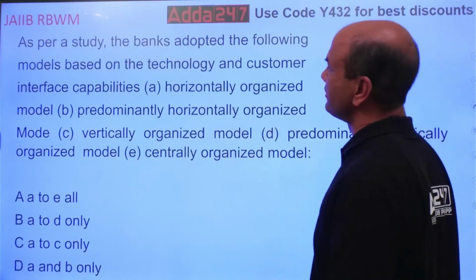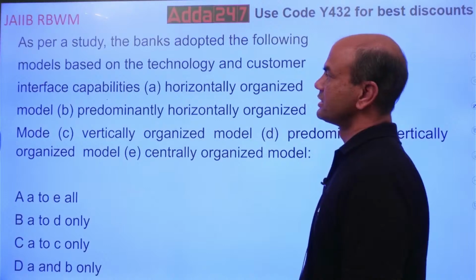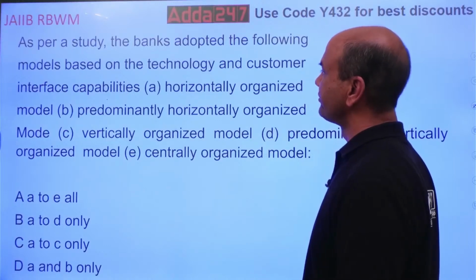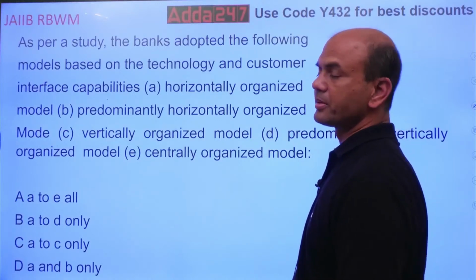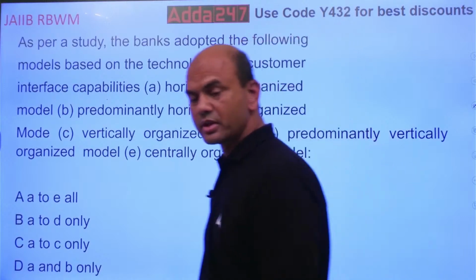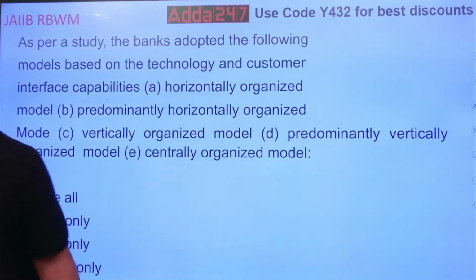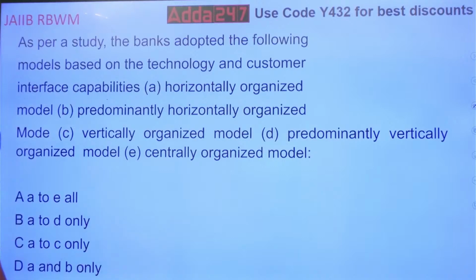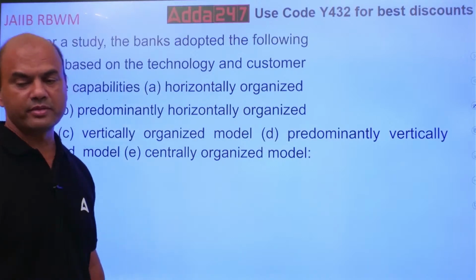As per the study, banks adopted the following models based on the technology and customer interface capabilities. So which is the model adopted by the banks? Look at this. Now this is known as delivery model. Check this. Which is the delivery model?